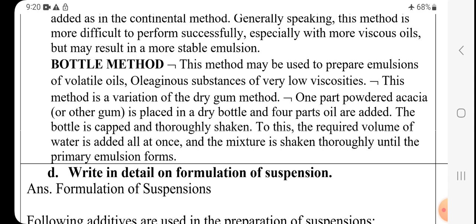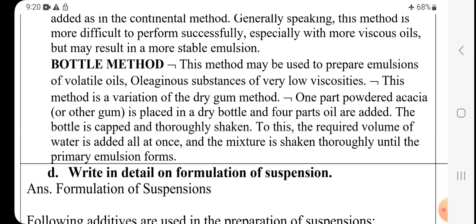For example, in the market there are oils like chamcham tel, which are irritating and used as a rubefacient. So for these, this method is used.